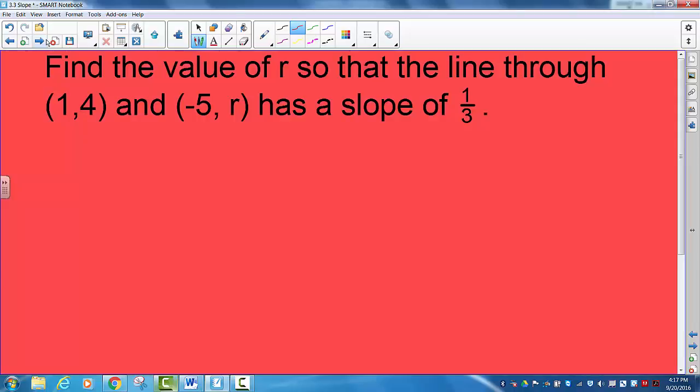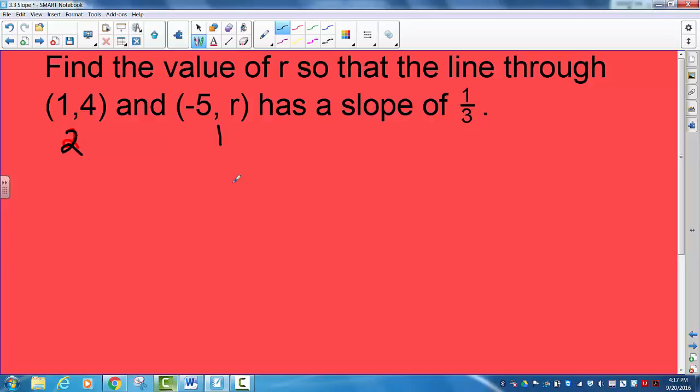Find the value of r so that the line, see, we already know the slope of this one. And what we're trying to find is one of the coordinates of the line that the line passes through. So we've got 1, 4, and we'll let it be number 2. Let's change markers. We'll let it be number 2, and this one will be number 1.